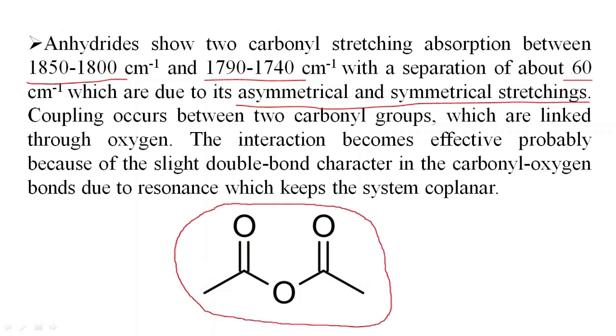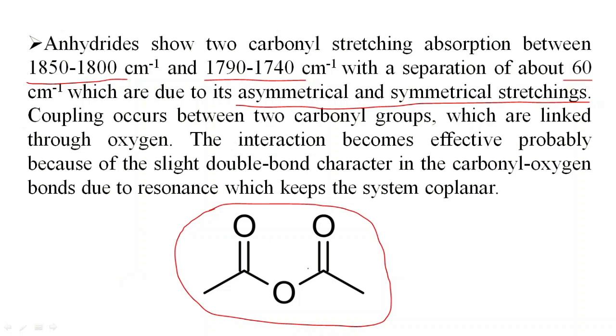This is the structure of anhydride. Coupling occurs between two carbonyl groups which are linked through oxygen. The interactions become effective probably because of the slight double bond character in the carbonyl oxygen bond due to resonance, which keeps the system coplanar.